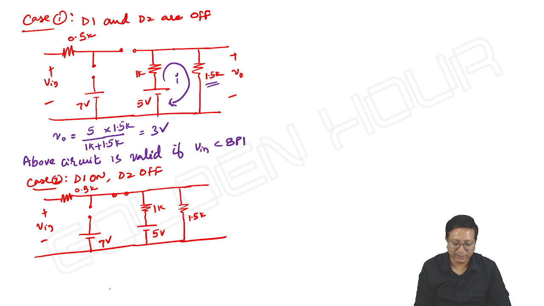This 7 volts is nowhere connected to the circuit. What is the output then? So this is our output. Let me take this as node X or node A, anything we can take.